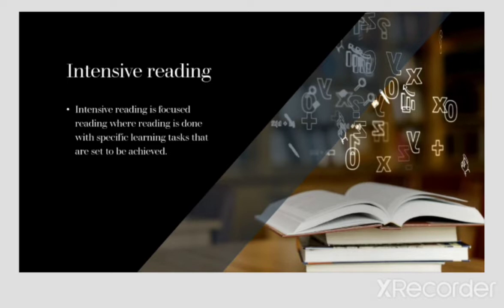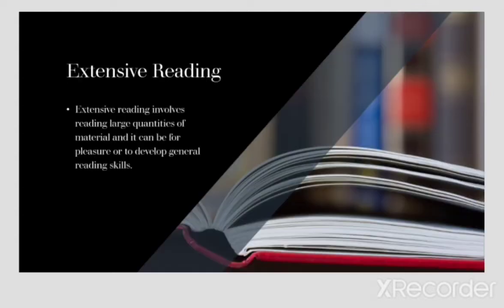And the fourth one is extensive reading. Extensive reading involves reading large quantities of material, and it can be for pleasure or to develop general reading skill. Extensive reading is wide reading, and this reading is particularly intended to evoke pleasure or to develop general reading skill, to enhance your reading habit.